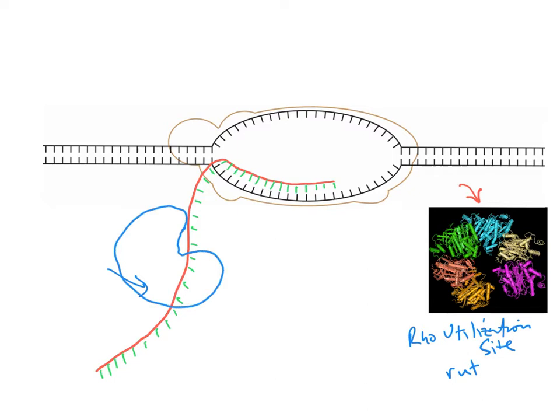Now rho moves along until it hits the RNA polymerase. Usually this only happens after the RNA polymerase pauses due to some specific sequence on the DNA template. Then once rho catches up with the RNA polymerase, it kicks the RNA polymerase off the DNA, causing it to dissociate.